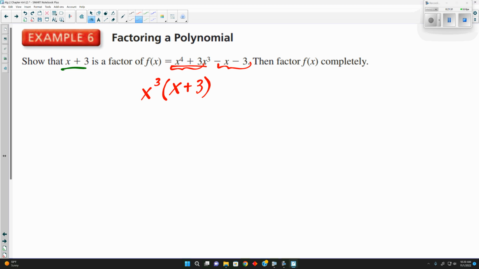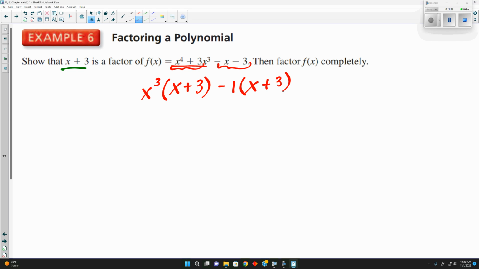Let's look at the other one, negative x minus 3. What's the greatest common factor? Negative what? Because if I factor a negative 1 out of negative x, I'm left with positive x. If I factor a negative 1 out of negative 3, I'm left with plus 3, yes?